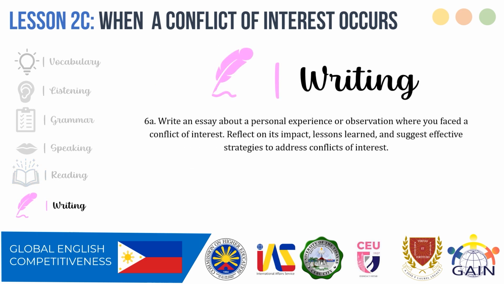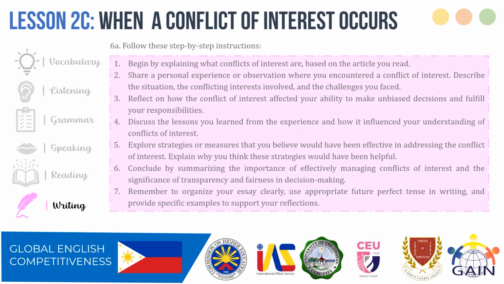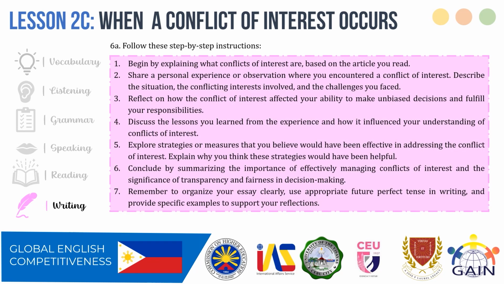And we're down to our final activity for this lesson. Write an essay about a personal experience or observation where you faced a conflict of interest. Reflect on its impact, lessons learned, and suggest effective strategies to address conflicts of interest. Follow these step-by-step instructions in writing your essay.